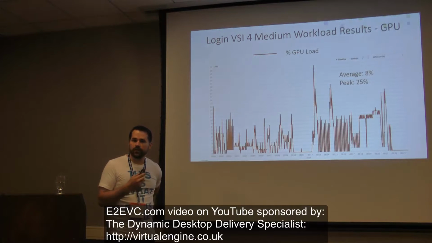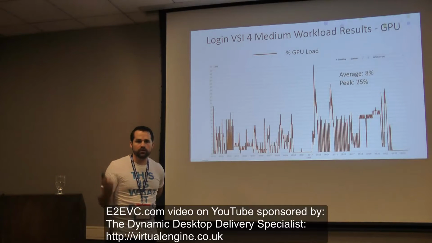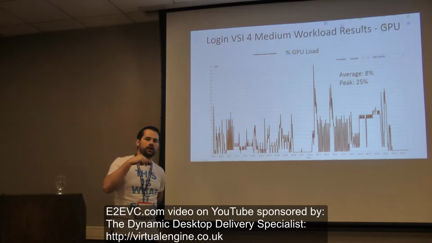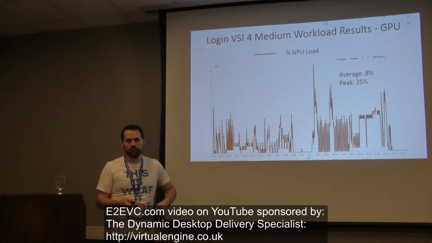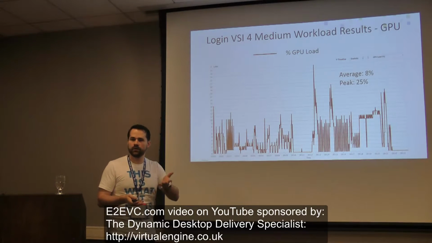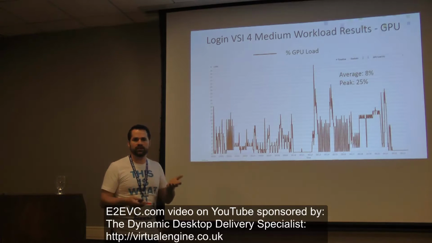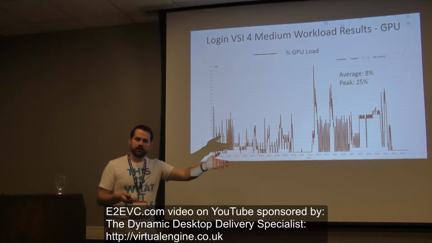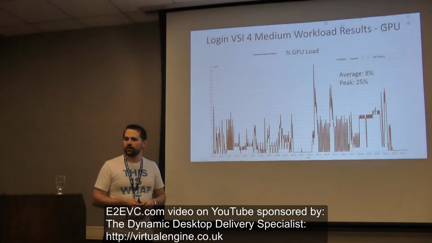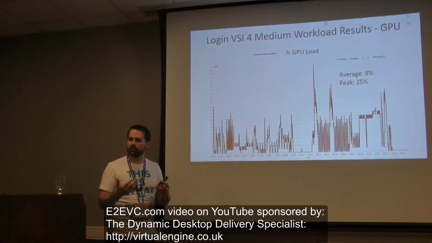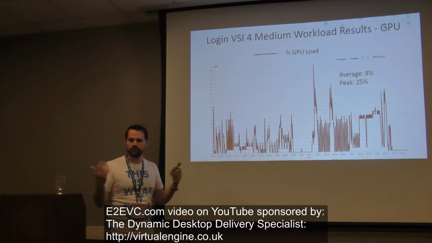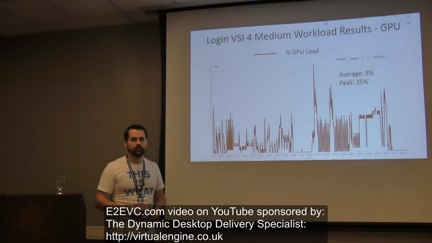So the GPU makes a big difference in this scenario. And as we know, when a GPU is not present, it's going to fail back to software GPU or CPU, which is going to be higher in terms of CPU. And that's also one of the ways that I've explained why the CPU usage was only about 11%, because in this Login VSI workload, they're actually doing quite a bit of media and doing a bunch of HTML stuff that can create GPU workload.